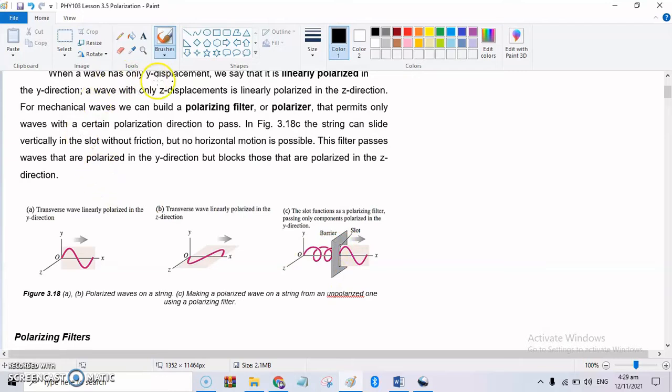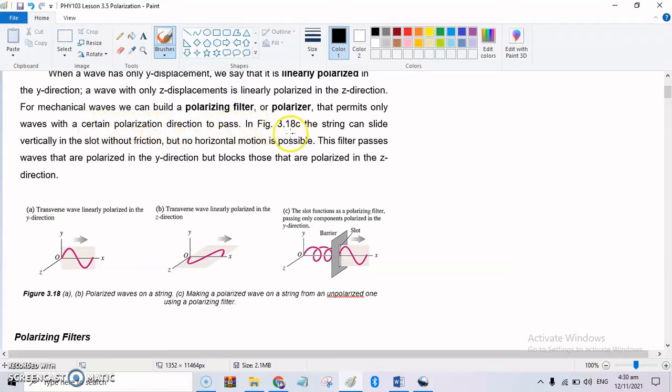When a wave has only y displacement, we say that it is linearly polarized in the y direction. A wave with only z displacements is linearly polarized in the z direction, as in these figures A and B. For mechanical waves, we can build a polarizing filter or polarizer that permits only waves with a certain polarization direction to pass.